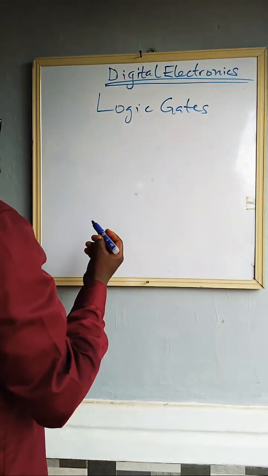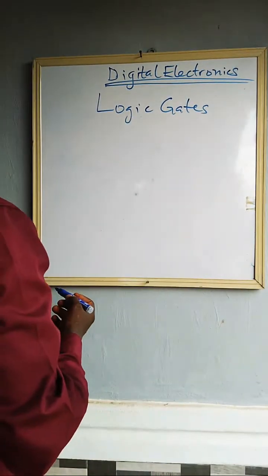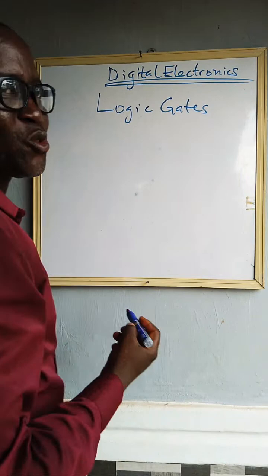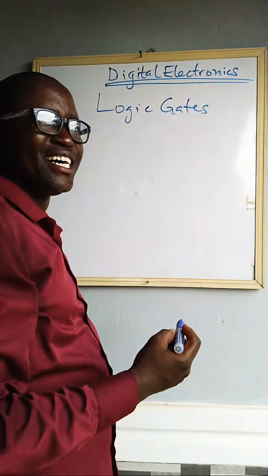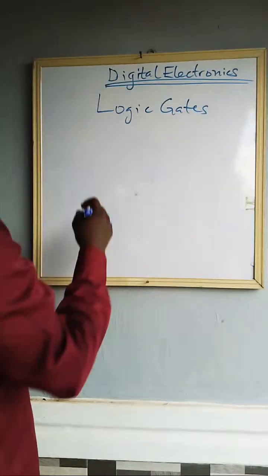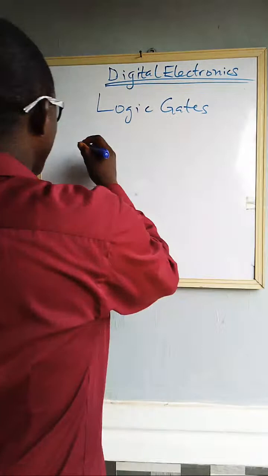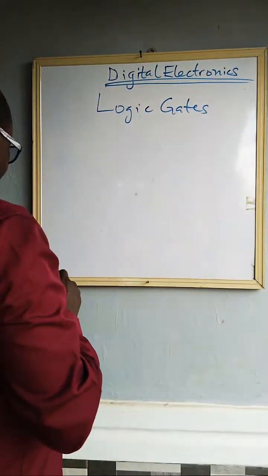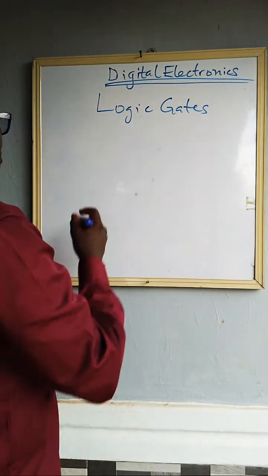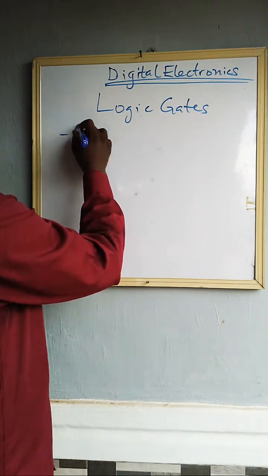We have what we call gates in digital electronics. They are not gates to a house or to a particular compound. Rather, they are called gates because of their behavior in circuits. We have various types of gates.